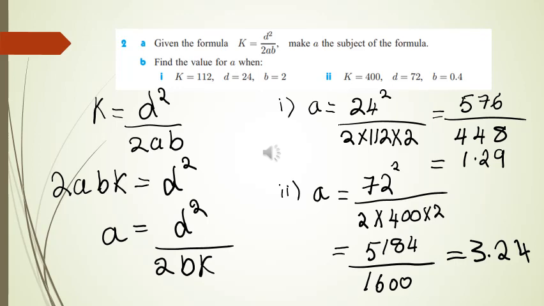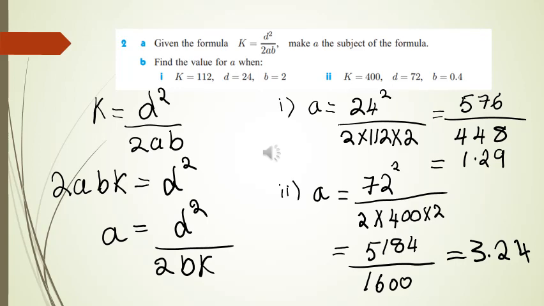Now we need to find a alone. It's the subject. The a is multiplied by 2 and b and k. So 2, b and k can be moved to the other side of the equation with a division sign. So a equals d squared divided by 2bk. Now we have a as the subject of the formula.